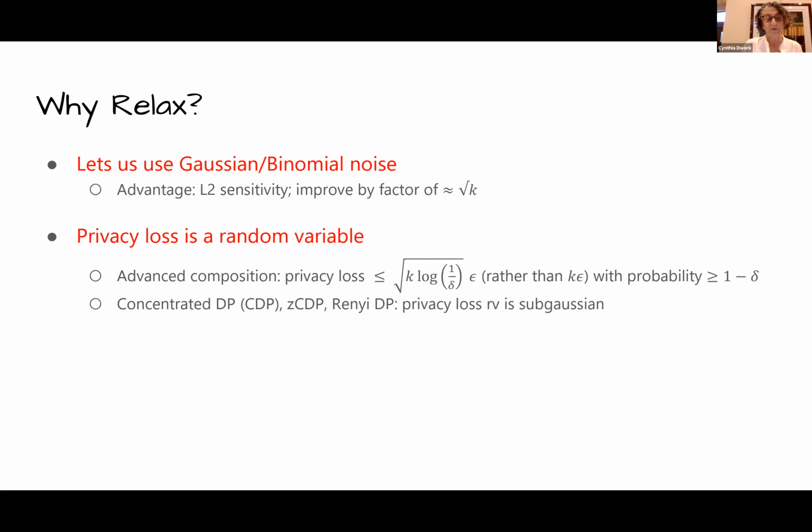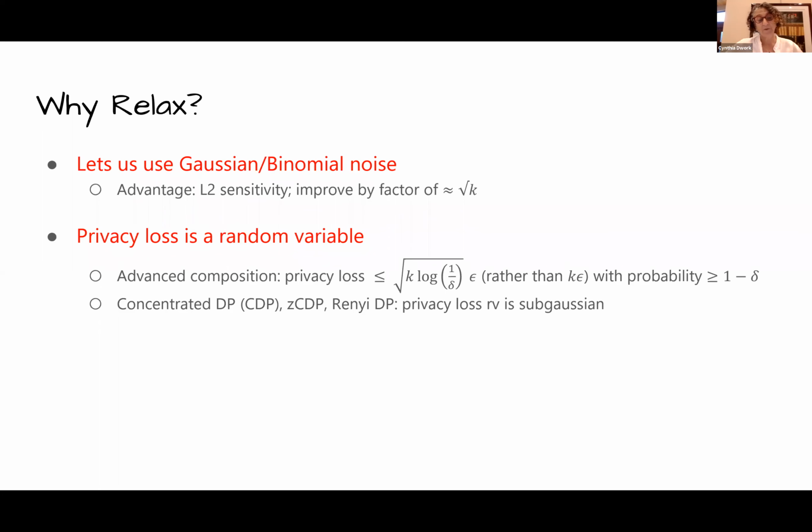This gave rise to the so-called advanced composition theorem, which says that if you look at the composition of many differentially private algorithms, k of them, then the privacy loss, instead of being k epsilon, is actually closer to square root of k times epsilon. That is, with probability at least 1 minus delta, the privacy loss will be bounded by square root of k log 1 over delta for any delta.